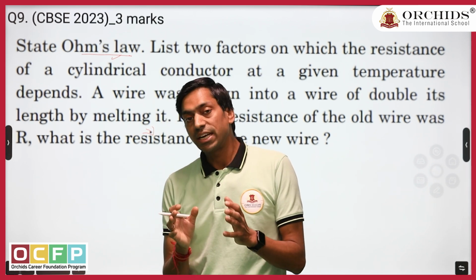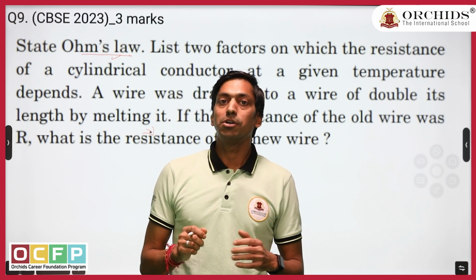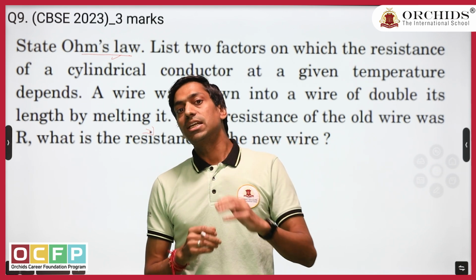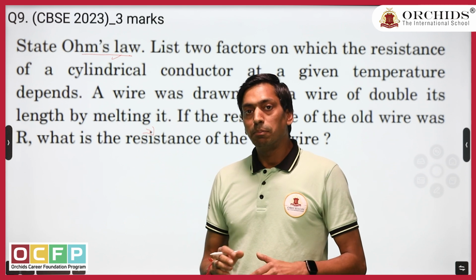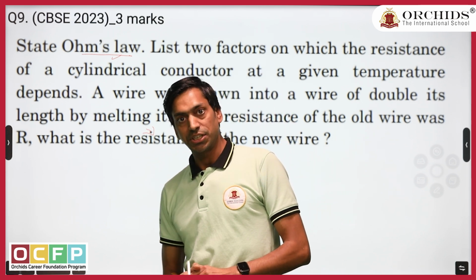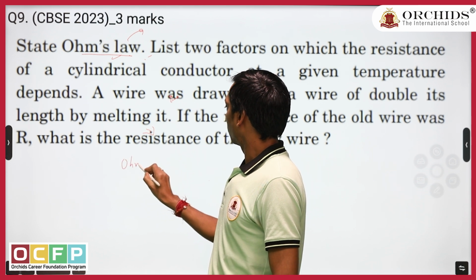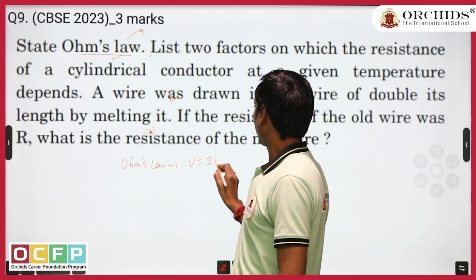That's why maintaining constant temperature is an important point. You should mention in the statement of Ohm's law that the current flowing through a current carrying conductor is directly proportional to the potential difference applied across the conductor by maintaining its constant temperature. And from there we get the mathematical expression of Ohm's law, that is V equals IR.